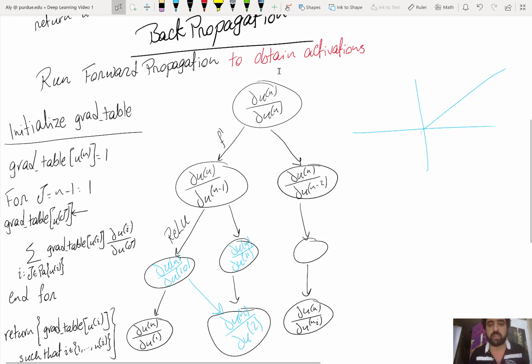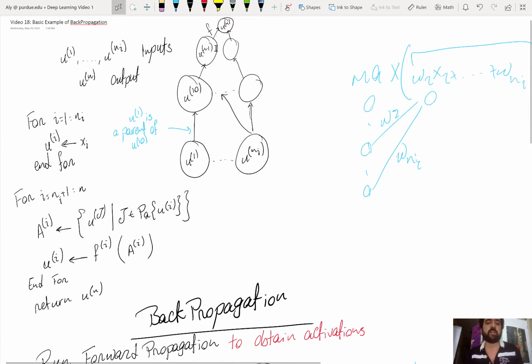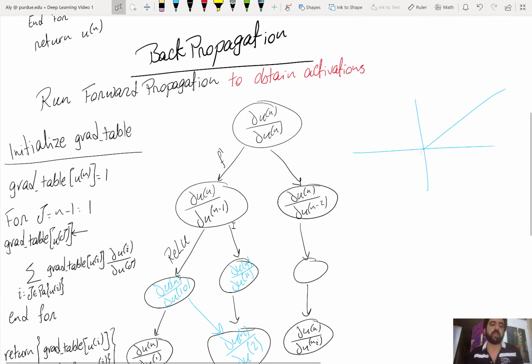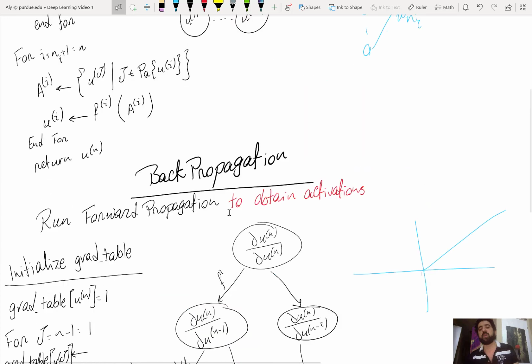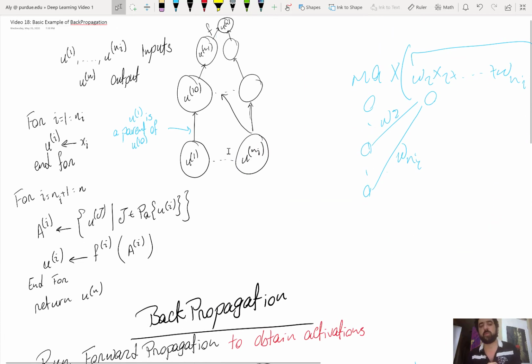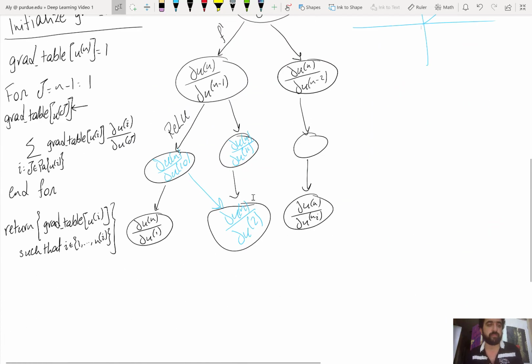For example, the top of the graph here has partial un, partial un, because un is the corresponding vertex in the forward propagation graph. This vertex here has partial un, partial un minus 1, because un minus 1 is the corresponding vertex in the forward graph, and so on.